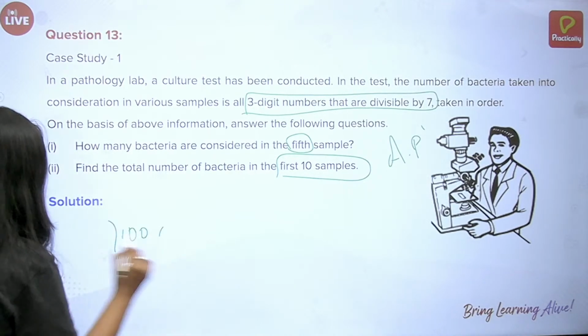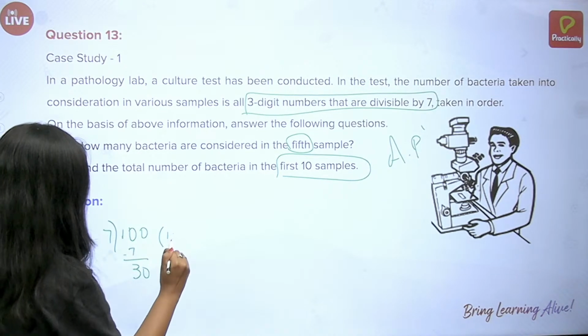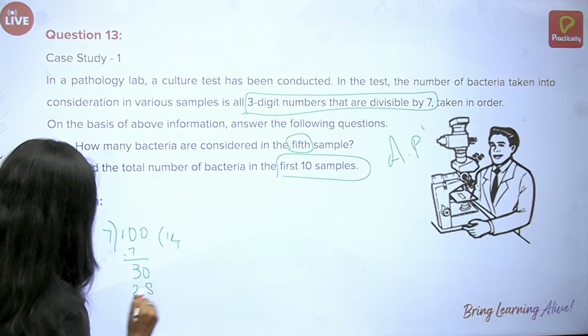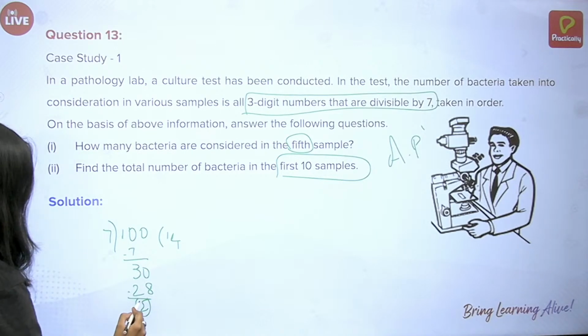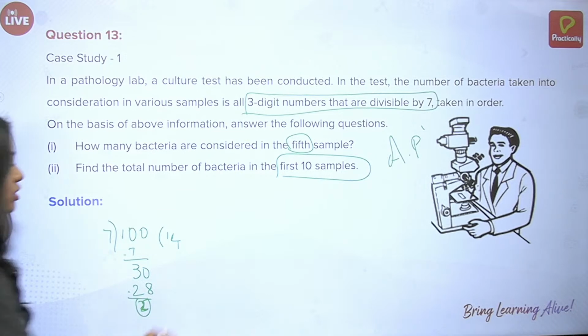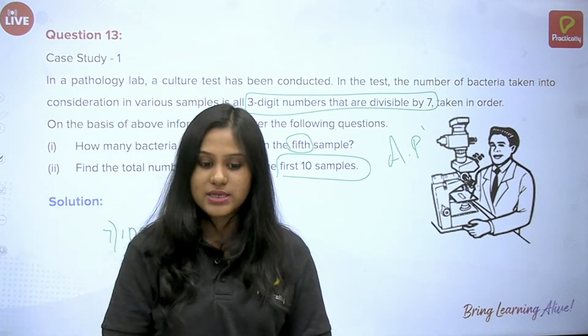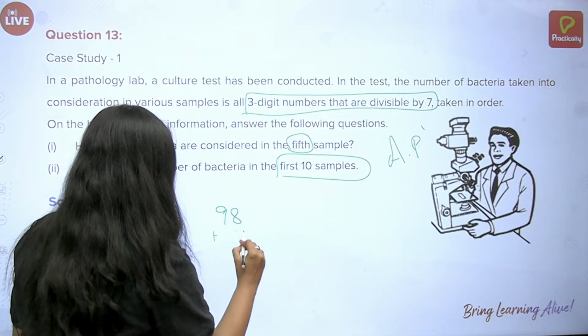So, just divide it by 7, okay? 7 ones are 7, 3, 0, 7 fours are 28. So, remainder is 2. So, if you subtract 100 minus 2, that is 98, the last 2-digit number which is divisible by 7. Now, just add 7 to this.